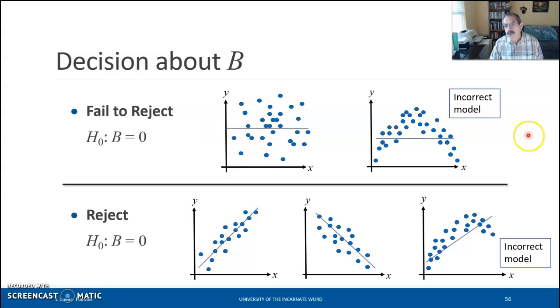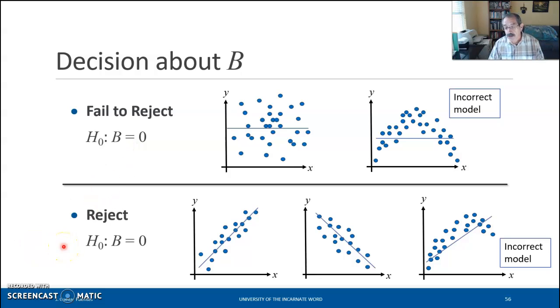Or we could have a situation where we're trying to fit the straight line model to something that is not straight, and this curve is balanced so that the fitted line is just horizontal to the x-axis. So if we decide that the slope parameter is equal to 0, that means the line is parallel to the x-axis.